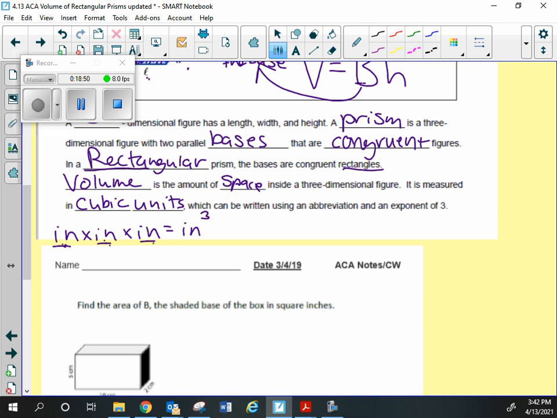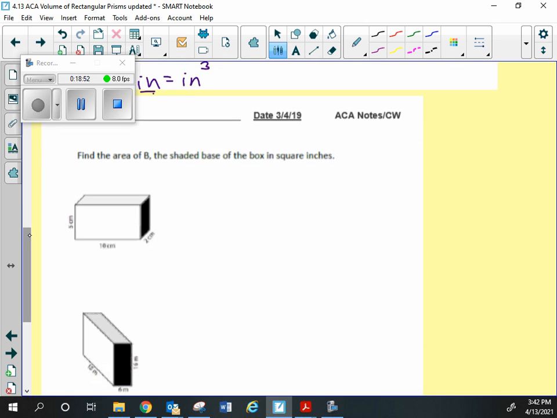Okay. So moving on into the practice, we're just going to find the area of the big B first. Again, as a reminder, big B stands for the area of the base. It seems tricky, but they throw these kinds of exceptions at us on STAAR. Usually the base would mean that it's on the bottom.